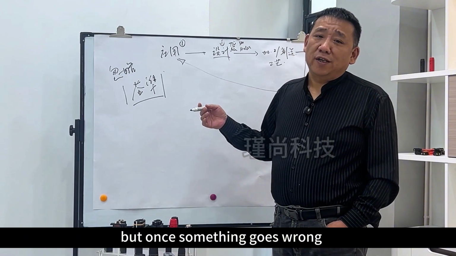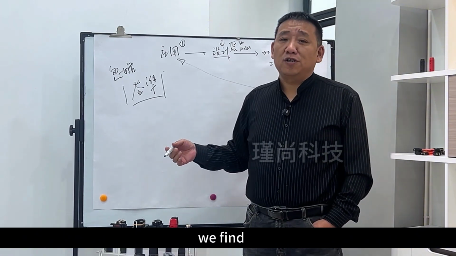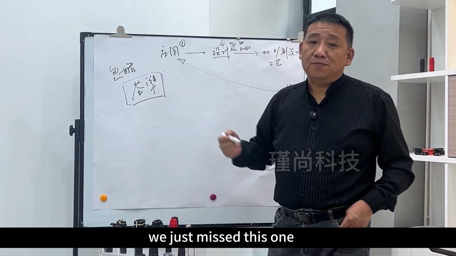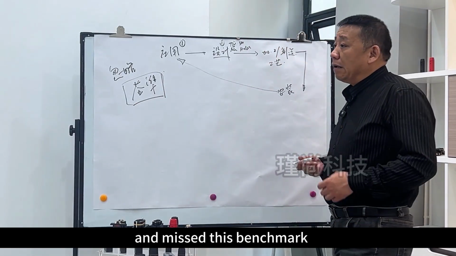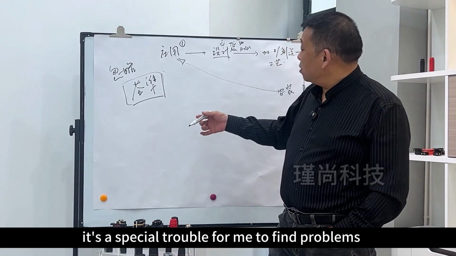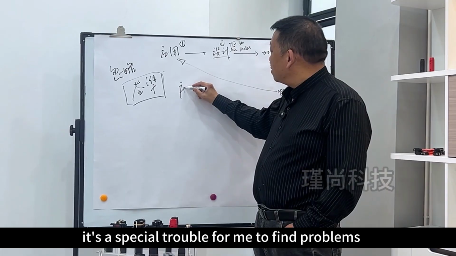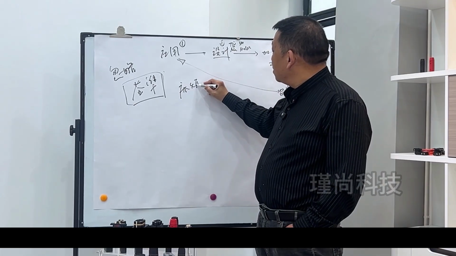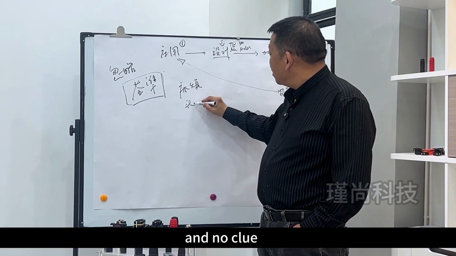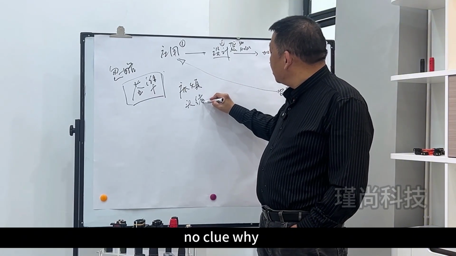But once something goes wrong, we discover that, starting at the source, we just missed this one and missed this benchmark. What is the final impact? It's a special trouble to find problems, and there's no clue why.